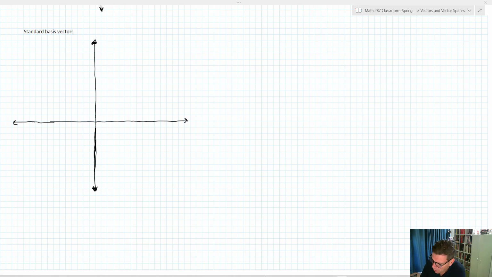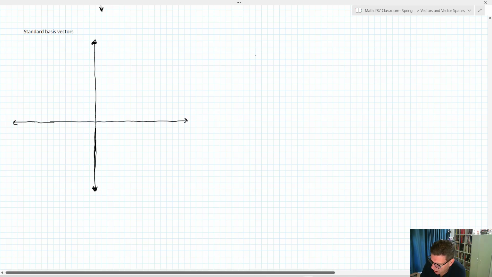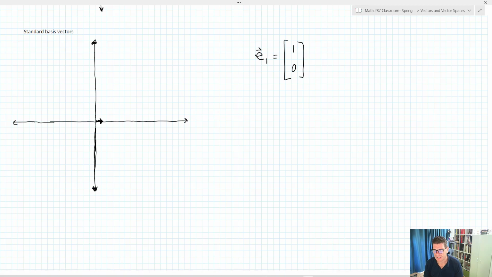We're going to call our first standard basis vector E1, and in R2 it's going to be 1, 0. It represents a unit vector, a vector of length 1, on the x-axis. In many ways, it's going to be like a stand-in for the x-axis.